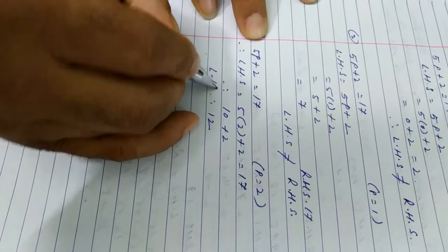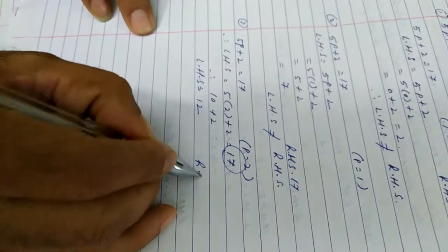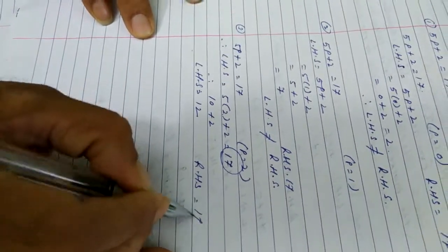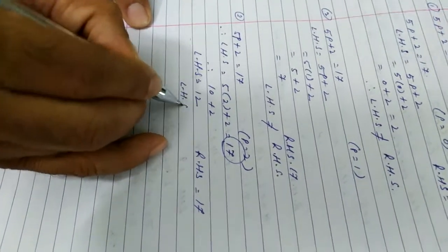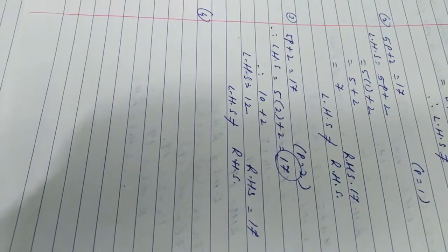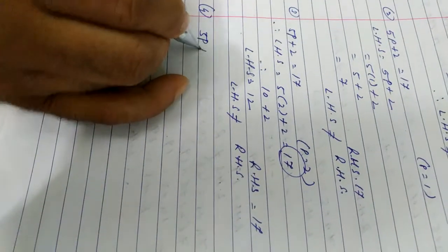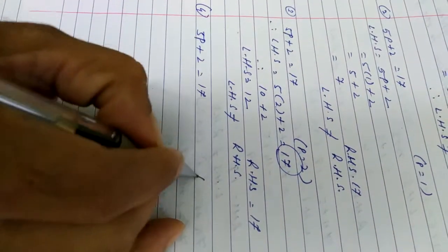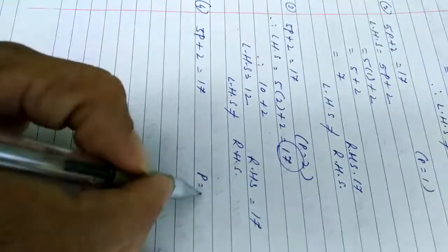Left hand side is equal to 12, and right hand side is equal to 17. So again left hand side is not equal to right hand side. Let's go with the next one. 5p plus 2 is equal to 17, where p is equal to maybe 3.